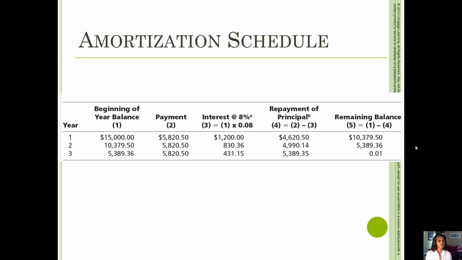We subtract $1,200 from the payment, so the rest of that payment has to go to principal. And then our remaining balance will be the beginning balance minus how much we paid toward principal. And then we carry that number, the $10,379.50 from year 1, over to the beginning balance for year 2, and we just do the same thing.